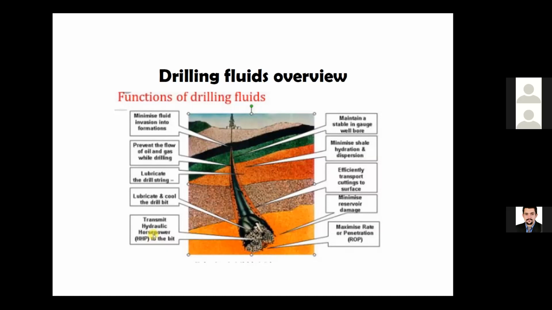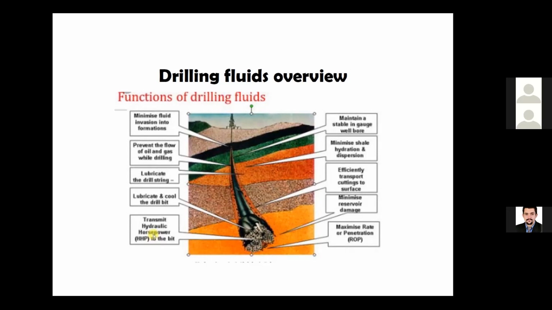Fourth, transmit the hydraulic horsepower to the bit. We drill with a GPM, called the flow rate. We drill with the flow rate according to the formation. So there is a force of pumping the fluid, enhancing the drilling operation itself.